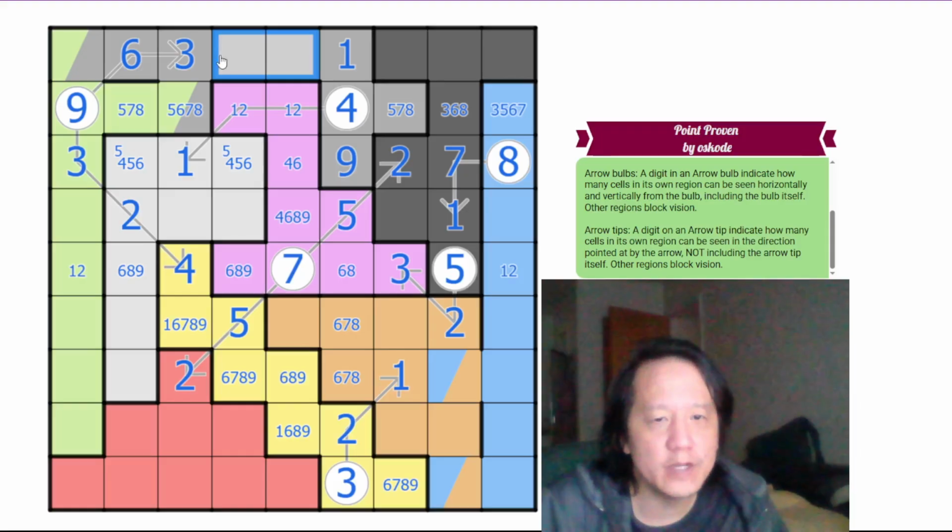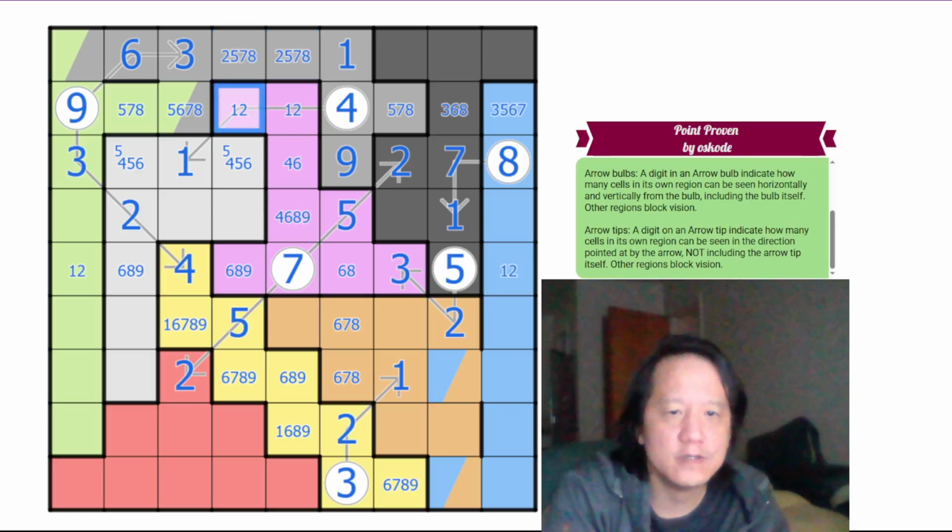Remaining digits in medium are 2, 5, 7, and 8. This can't be 7 because of 7 in the column. No, 5 because of 5 in the column.